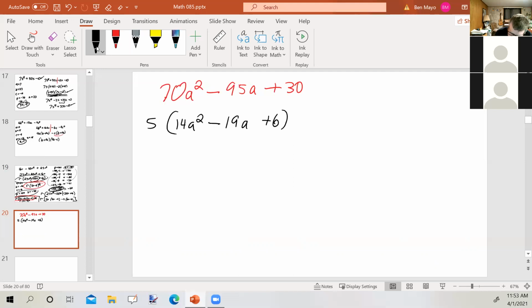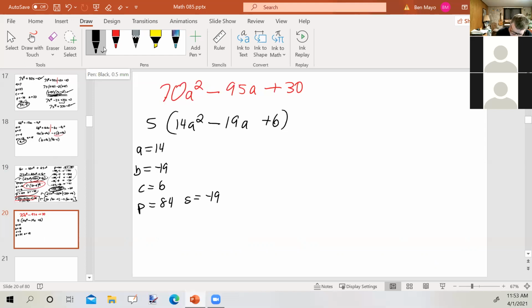Now, my trinomial that's left has a leading coefficient that's a 14, so it's not a 1. So A is 14, B is negative 19, and C is 6. Product is what? 84, and the sum is negative 19. Again, 14 times 6, 84.